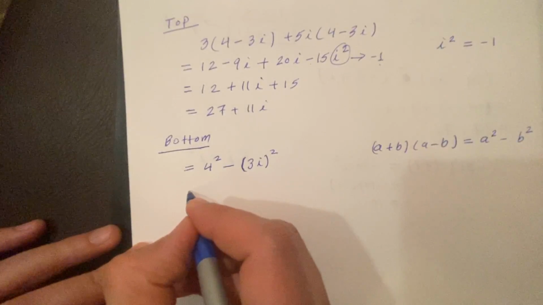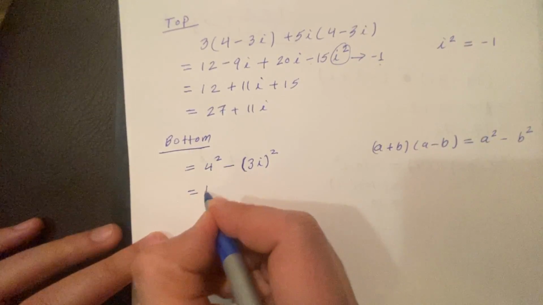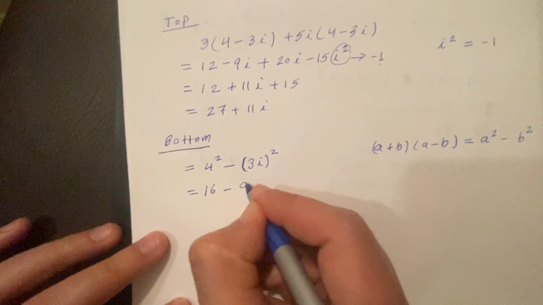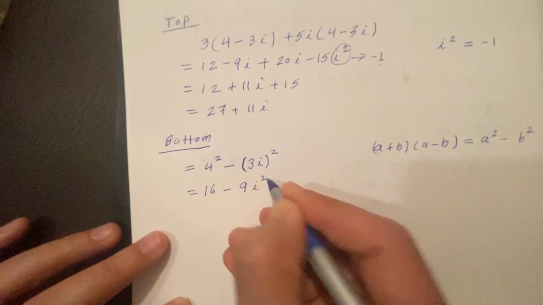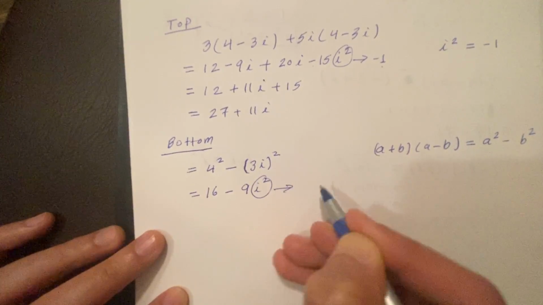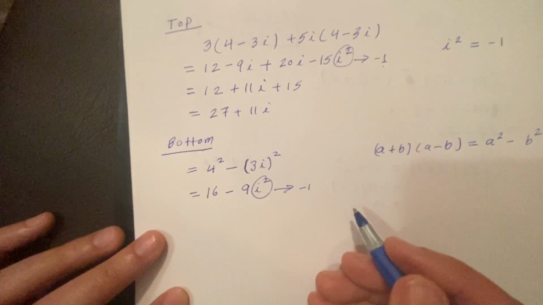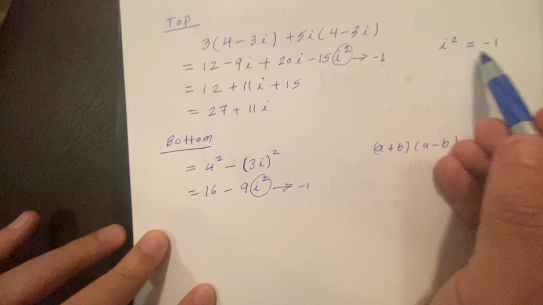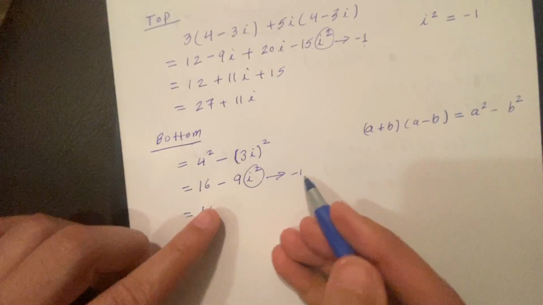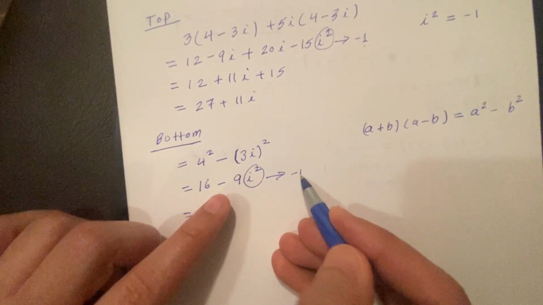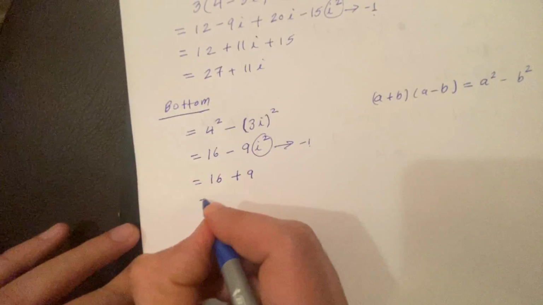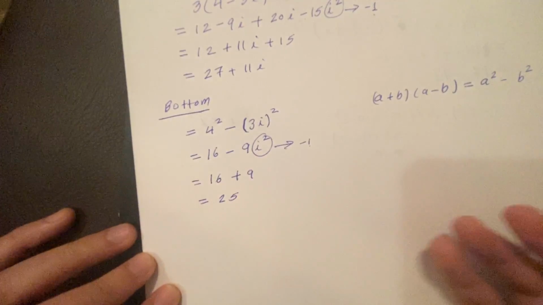All right, so this way we get 16 minus 3 square, which is 9 i square, and again i square is a negative 1, just like I said here. So 16, negative 1 times negative is a positive, so positive 9, which is 25.